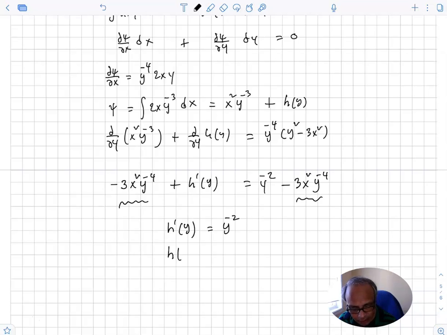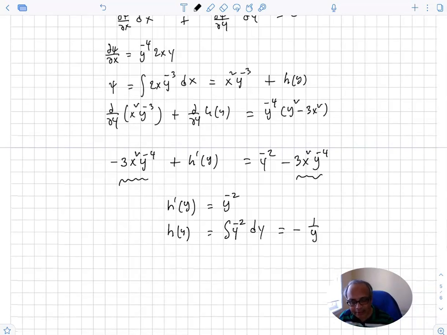And now you integrate y to the power minus 2 with respect to y, which is minus 1 by y. Hence you have psi equals c. That is what you expect your solution. So psi is x square y to the power negative 3 plus h, which is coming from here.